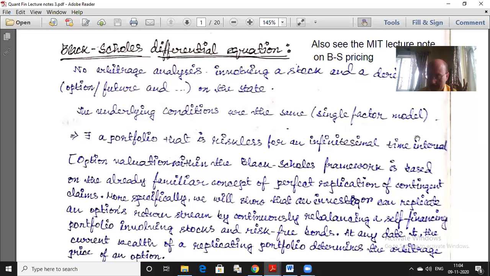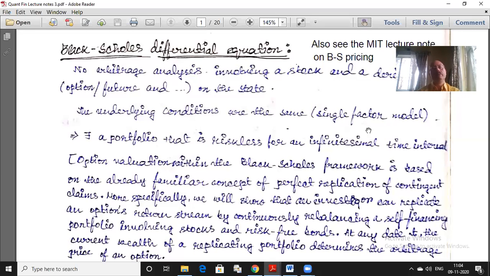We discussed it in a nutshell, but I mentioned that it is possible to extend our integration theory to multiple dimensions. But most of our applications, we will stick to single dimension. So one single source of uncertainty, which in financial terms relates to the single factor model.